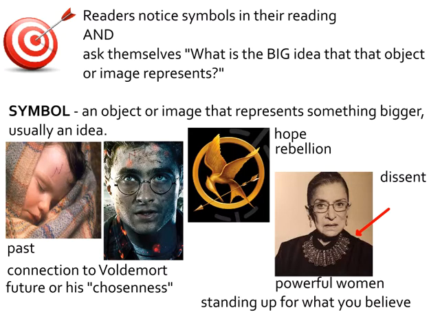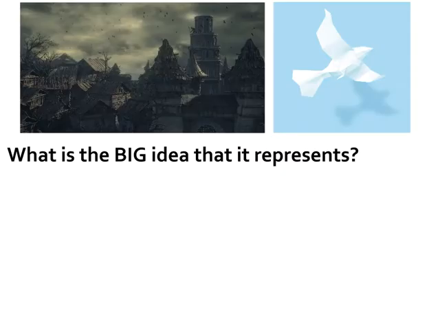We see symbols throughout literature, pop culture, movies, TV shows, and politics. Today we're going to look at two symbols that we see in chapter 18. We've already talked some about the paper birds, but we have new evidence introduced in chapter 18 that may change what you think the paper birds symbolize or represent.